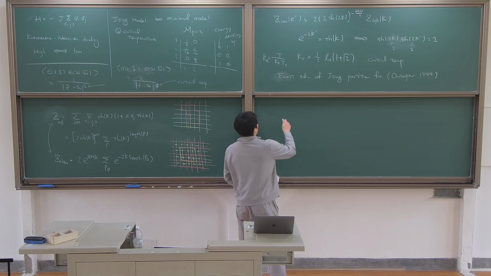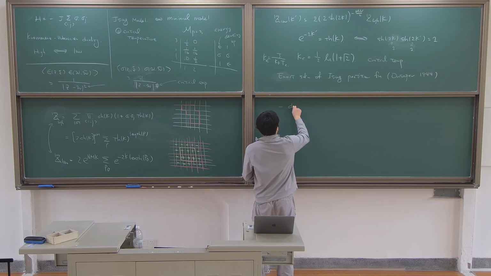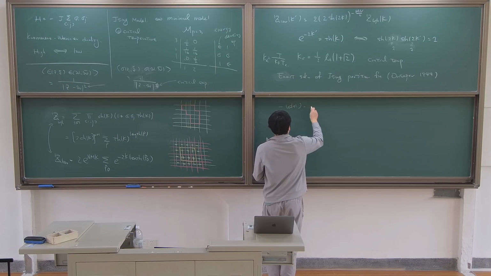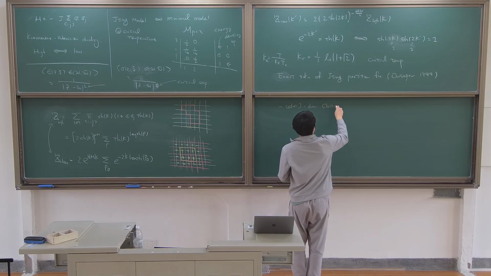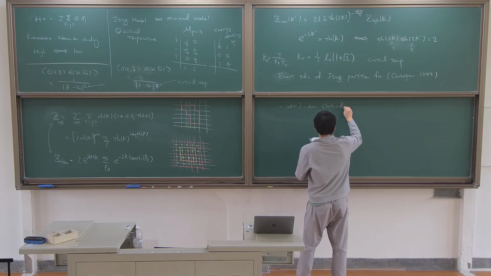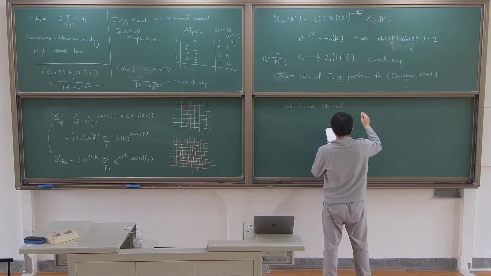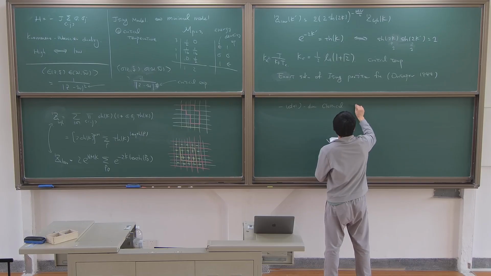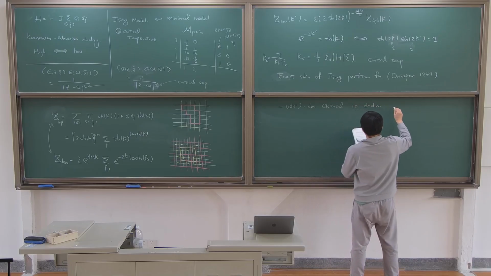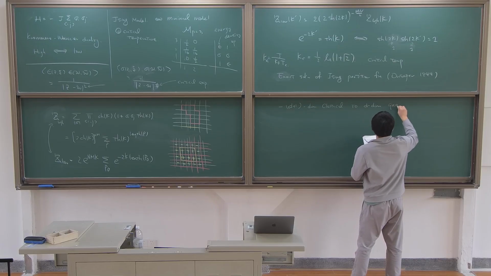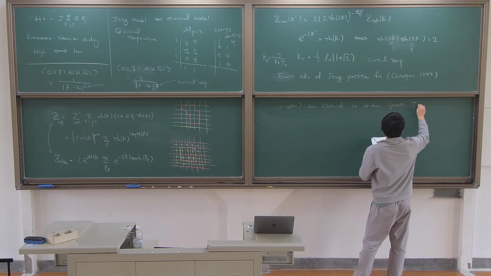The strategy is the relation between the d plus 1 dimensional classical Ising model, which I think is to map to the d-dimensional quantum Ising model.